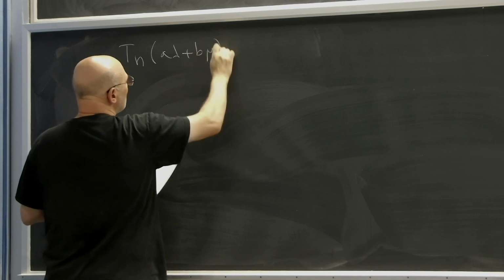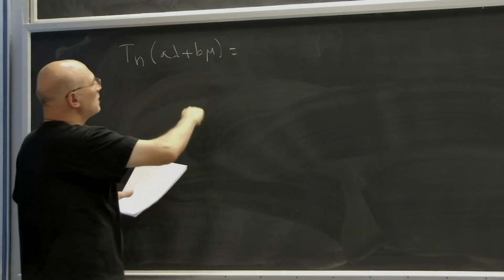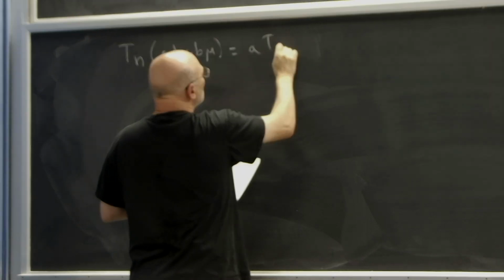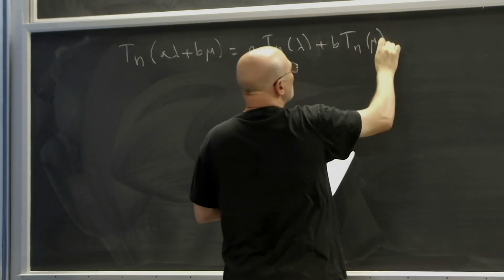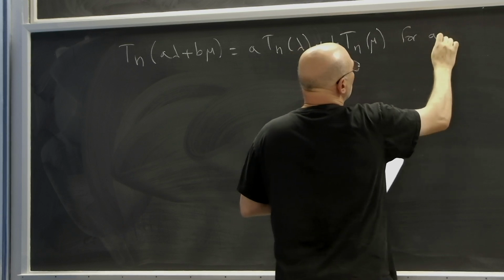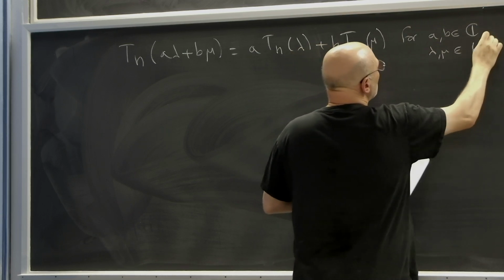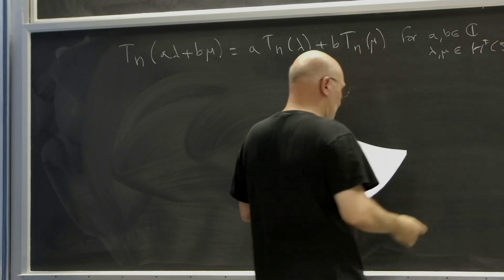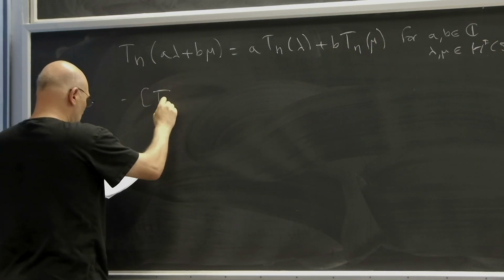One relation is just linearity with respect to the classes: a T_n of lambda plus b T_n of mu, for a, b in C and lambda, mu in the cohomology of the surface. And now we have this type of relations.